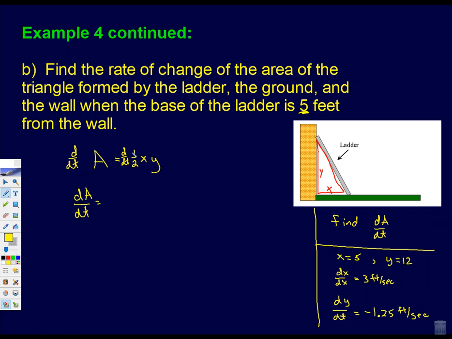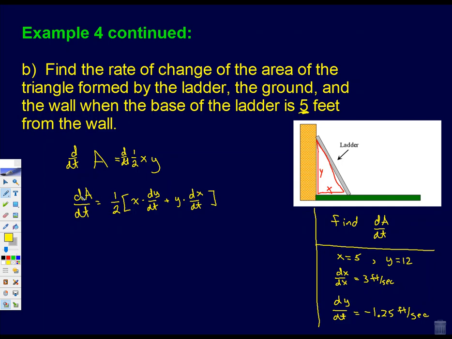I can leave 1/2 as the constant multiple. And we're just going to work out the product rule for the derivative of xy. So that's first times the derivative of the second plus second times the derivative of the first. That would be x times the derivative of y, and then y times the derivative of x.